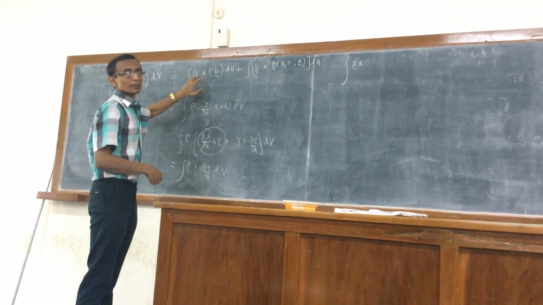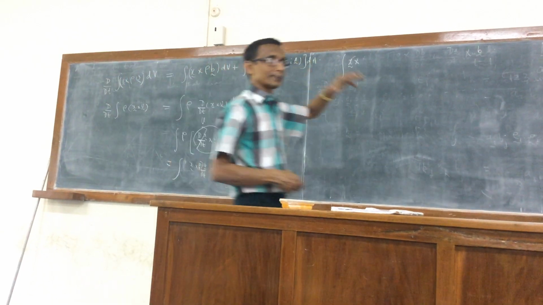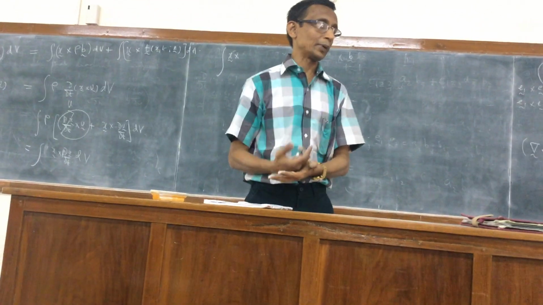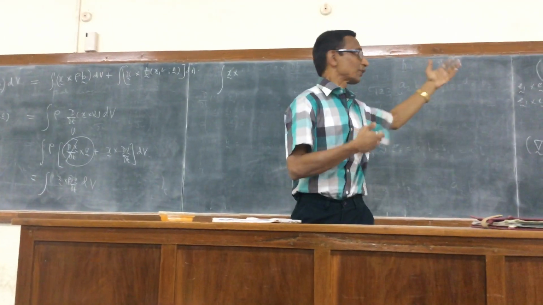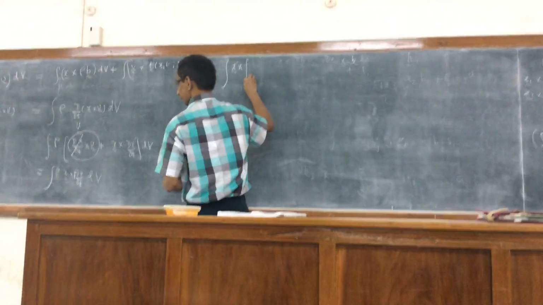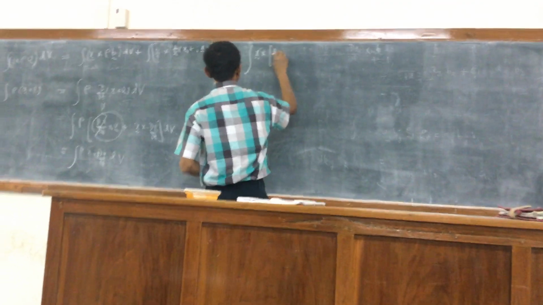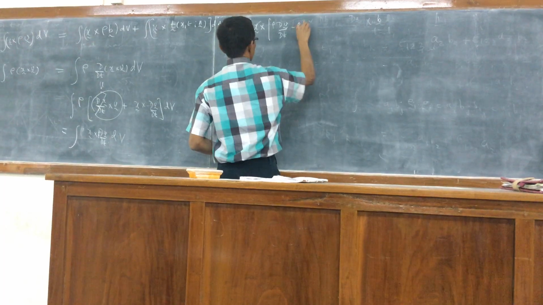And then I will again use the formula that a cross b plus a cross c is simply a cross b plus c. Those are very intuitively clear and you can easily verify them using this formula. Right? So I will write this as x cross the quantity rho dv by dt minus rho b.